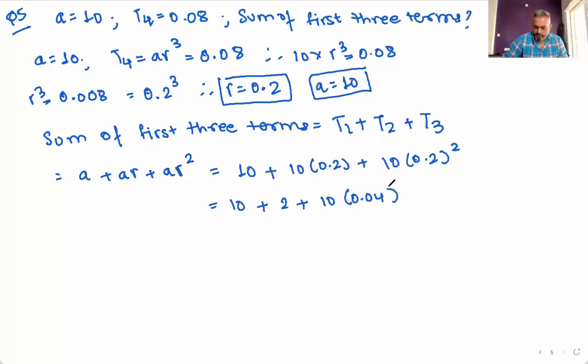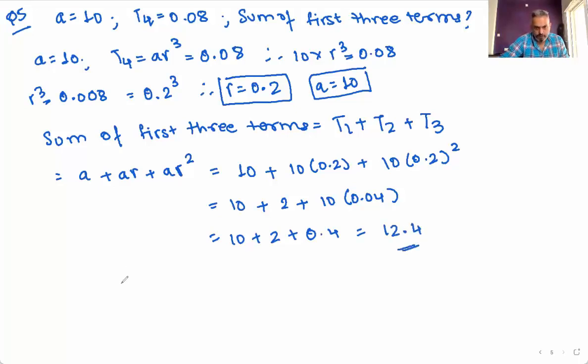How did we get 0.2 into 0.2 is equal to 0.04? Which is equal to 10 plus 2 plus 0.4, which is equal to 12.4.